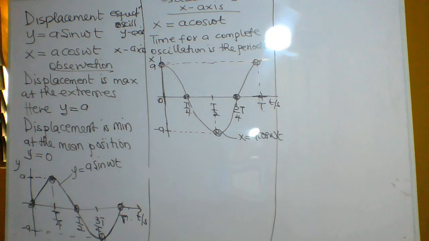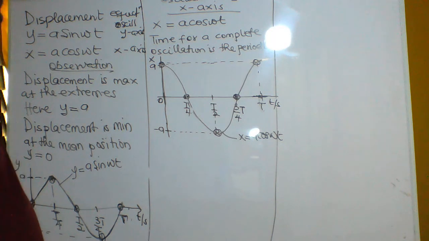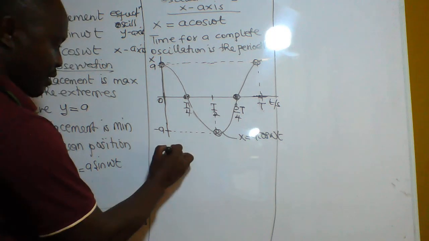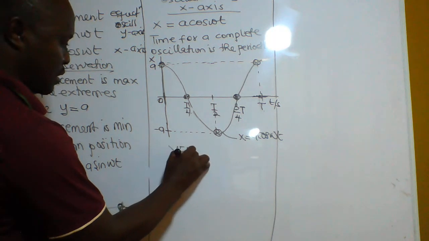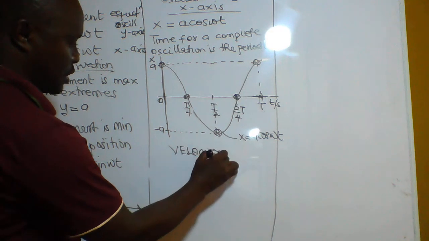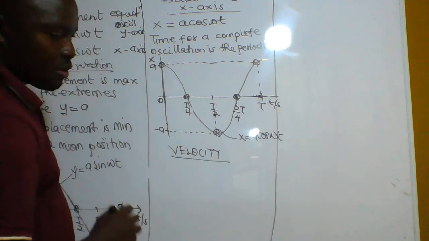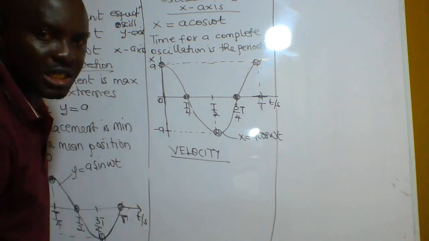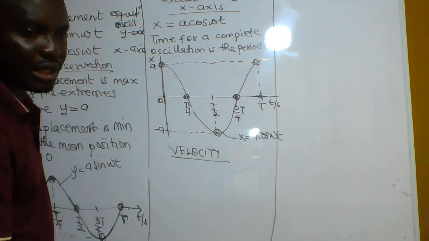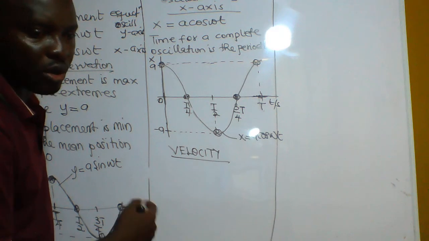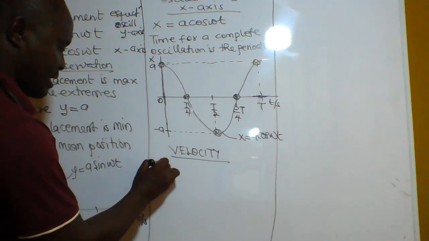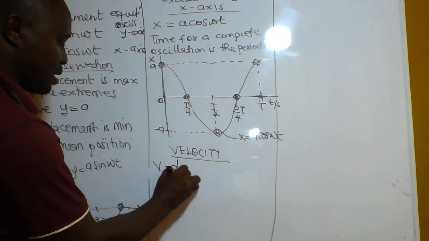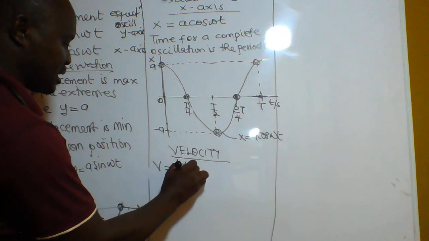Alright, so this is all the nitty-gritty we recapped on displacement. Let's look at velocity. Since the body is continuously being displaced, meaning the body moves with some speed or velocity, we realize that the velocity is equal to how the displacement changes with time.